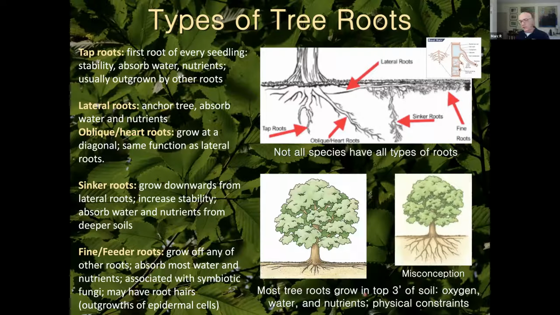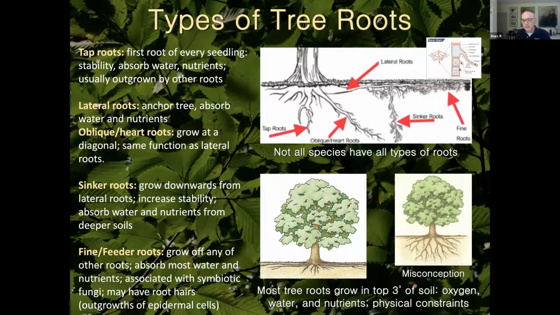Most tree roots actually grow in the top 3 feet of the soil. There's this common misconception. In fact, it's almost impossible to find clip art, which I like to use a lot in my presentations, of a tree that looks like a tree really looks. Most often you see things like this. This is what we think of, but most often the tree roots are in the top 3 feet of soil.